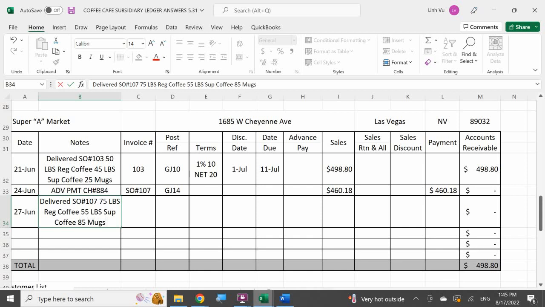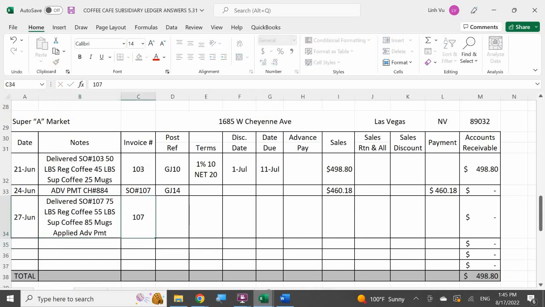Okay. Our invoice number was 107. You can also say we're going to apply the advance payment. And page 16. Terms are 1, 10, and 20. So 10 days would put it on the 7th of July. And 20 would put it the 17th.